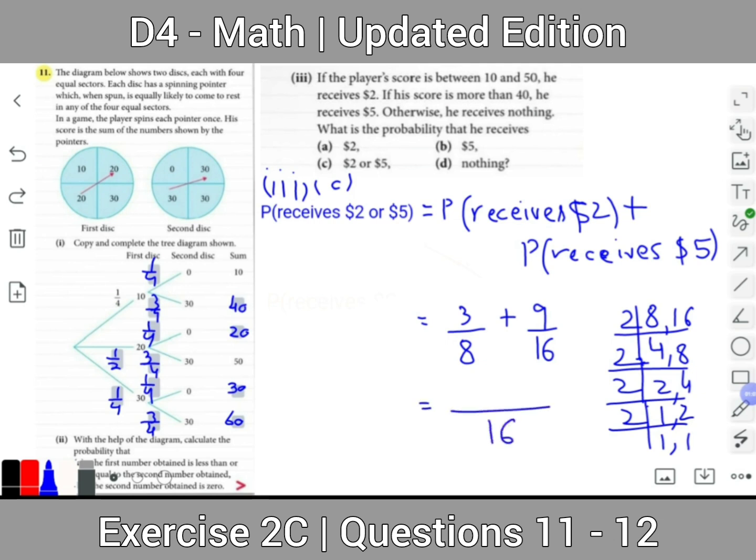Now we will apply the butterfly rule here. 8 times 2 is equals to 16, so here we have 3 multiplied by 2 plus 16 ones are 16, so here we have 9 multiplied by 1. Now we have 3 twos are 6 plus 9 ones are 9 over 16, and 9 plus 6 is equals to 15. So the probability that he receives $2 or $5 is equals to 15 over 16.